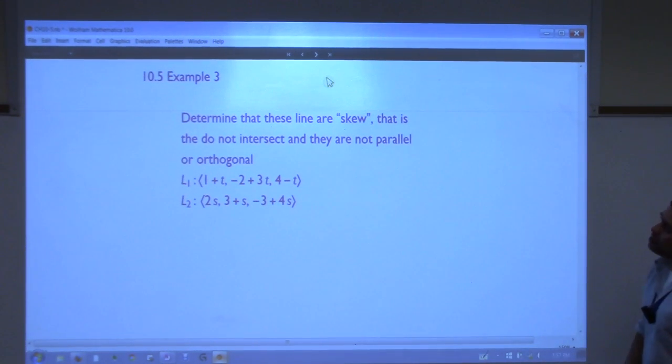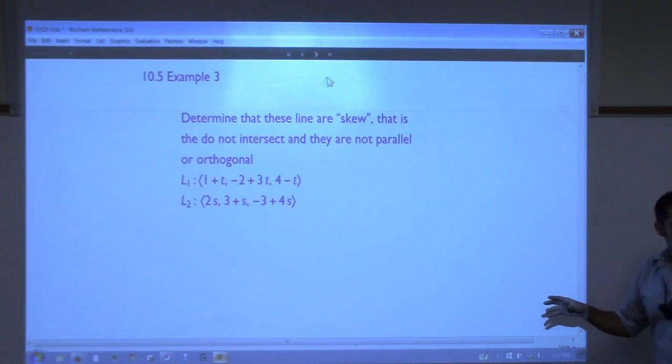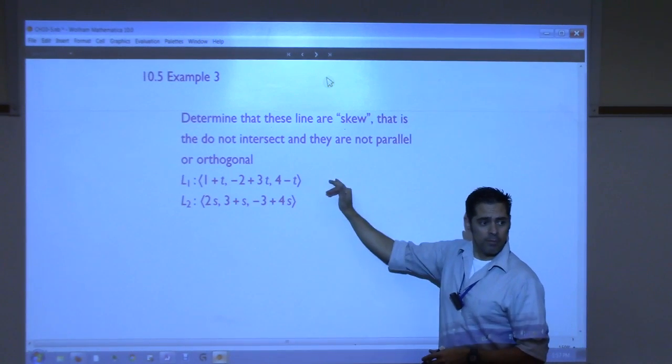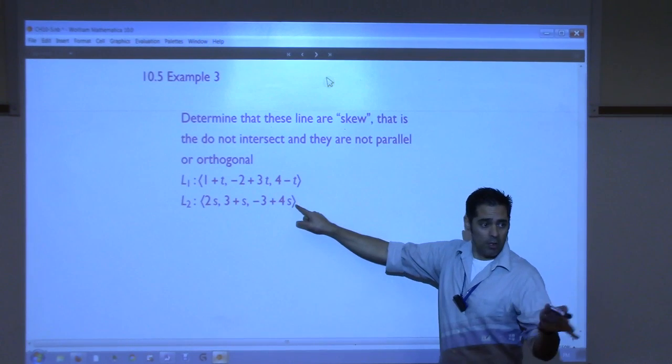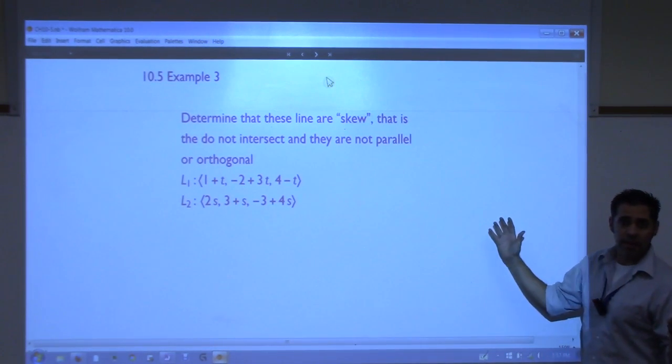So how do you suggest we go about this? Okay, so what are you going to look at first then? Who said that? Okay. You want the direction vector of each of the lines? This one has its own direction, this one has its own direction, and you want to look at both of those? I agree.